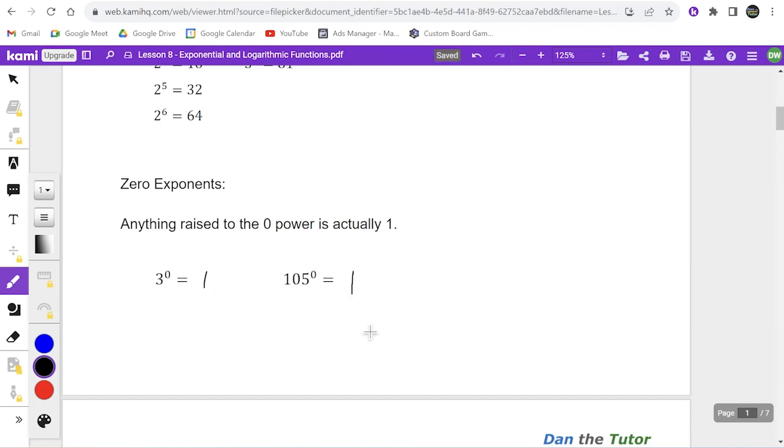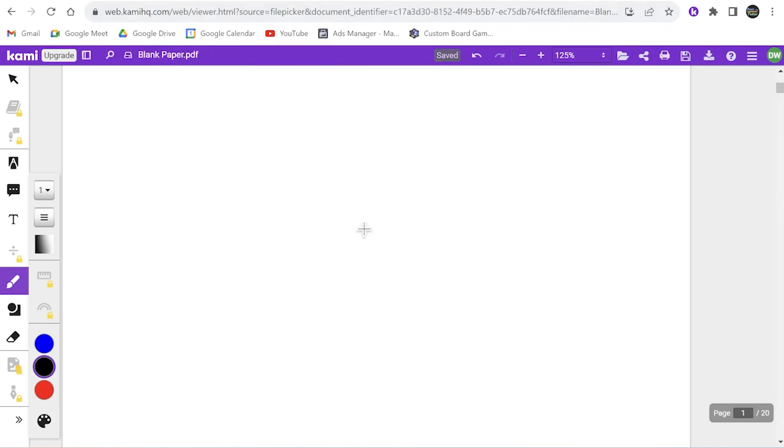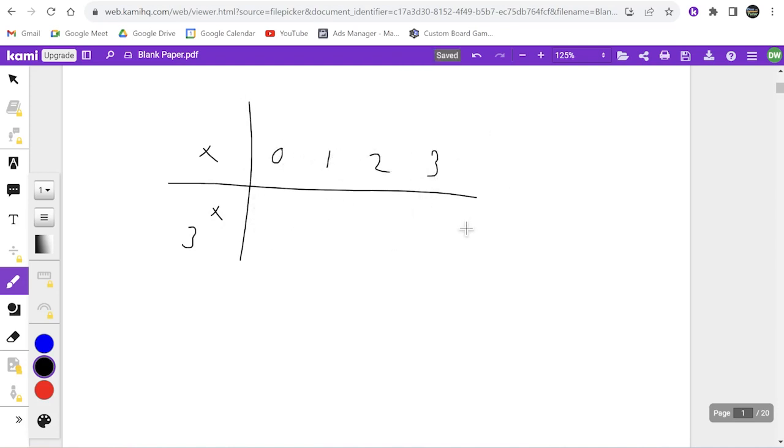And there's actually a pretty cool proof that I can give you that explains this. Basically, let's say I have a list of x values, and here's a list of 3 to the x values, and I think of 0, 1, 2, 3, etc. Well, 3 to the first power is 3, 3 to the second power is 9, 3 to the third power is 27.